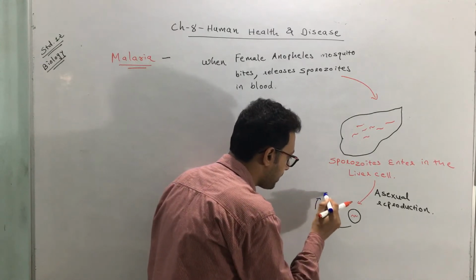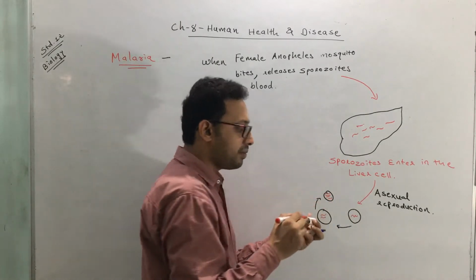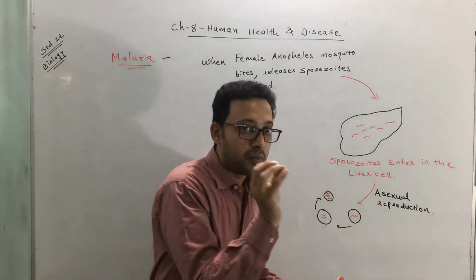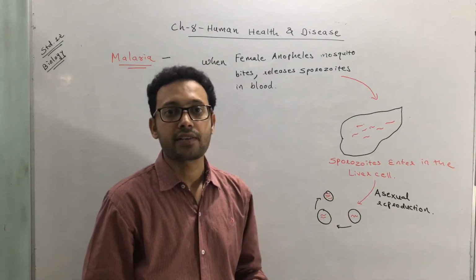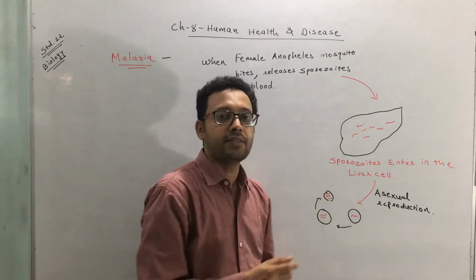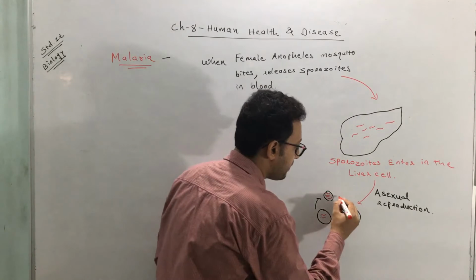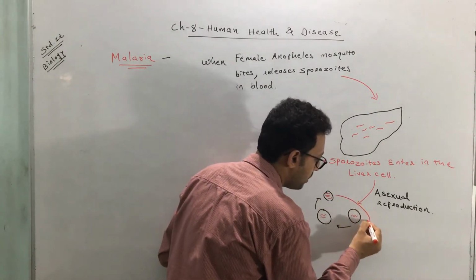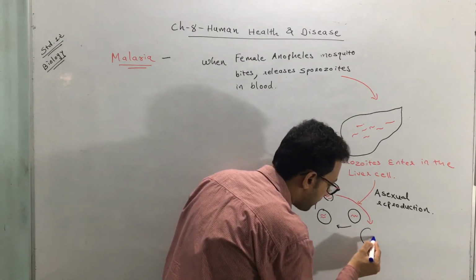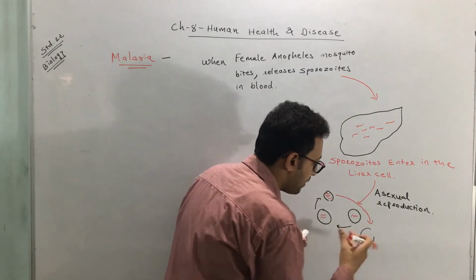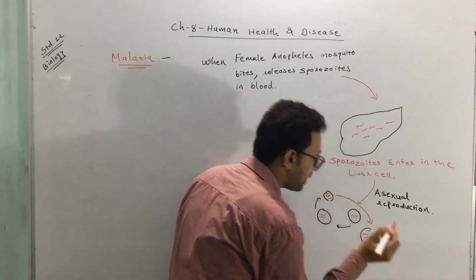Again it will multiply. Okay, so their numbers are increasing by reproduction, and ultimately that leads to a bursting of the cell, because the numbers are increasing at such a high rate that it cannot accommodate in the liver cell. So when the numbers are very high, that leads to a bursting of the cell, means the cell gets ruptured, and the parasites within it get released.